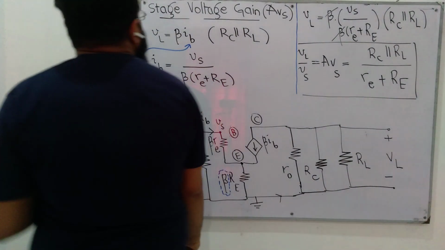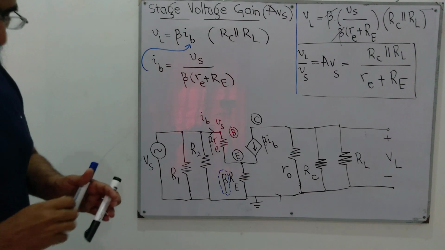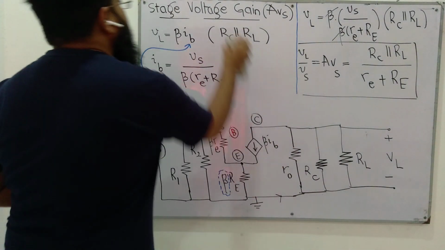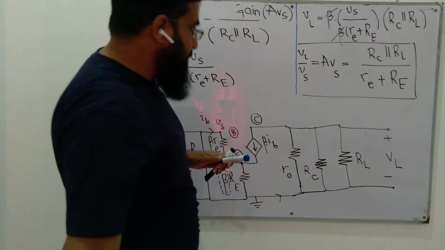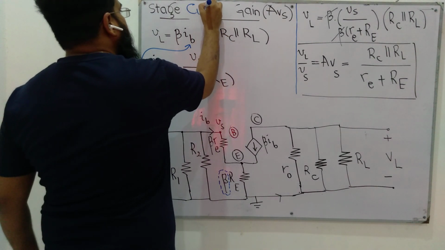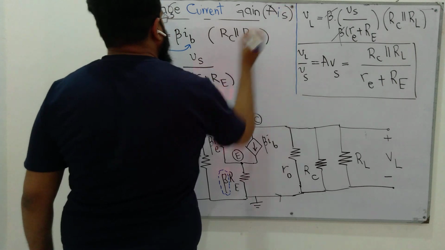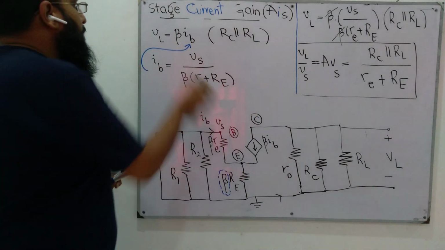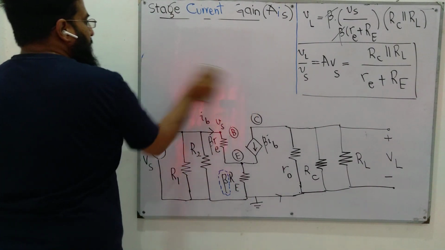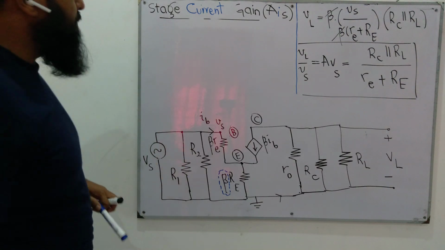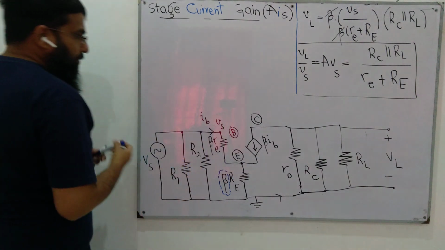The other thing that we will do in this lecture is we'll find out stage current gain, AIS, like AVS, which is the ratio between the output voltage and the input voltage.